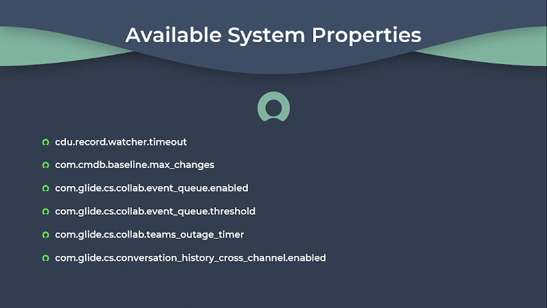Then the next is com.glide.cs.collab.teams_outage_timer. It describes the length of time for the message not sent notification. Then the next property is com.glide.cs.collab.notified.